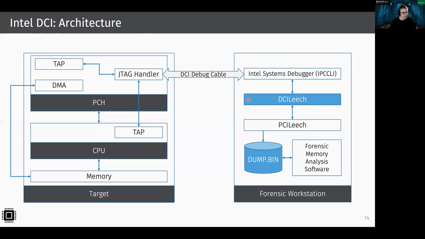So now it's possible to use PCILeech for dumping memory, and this memory can then be analyzed using common forensic memory analysis software such as Volatility.